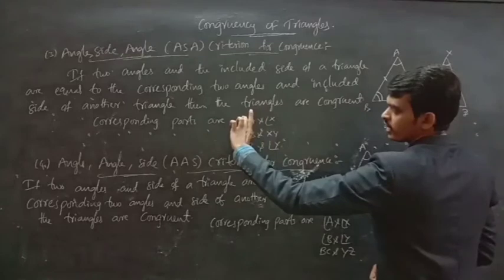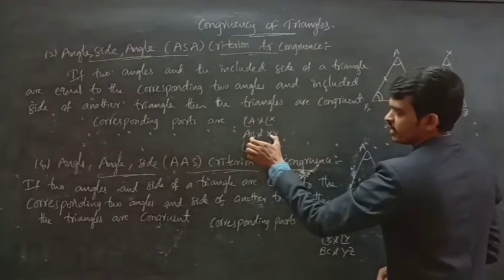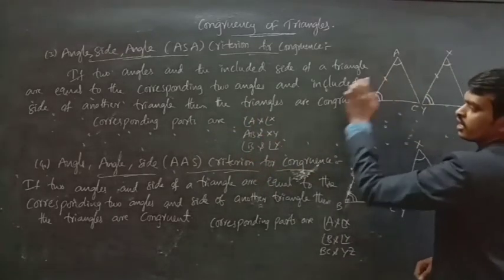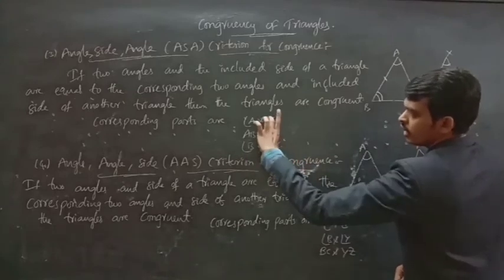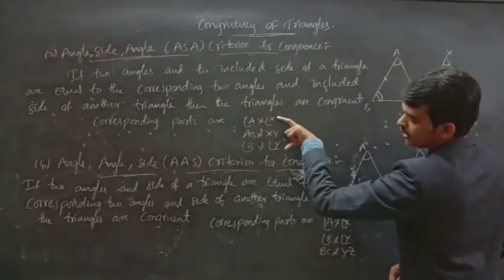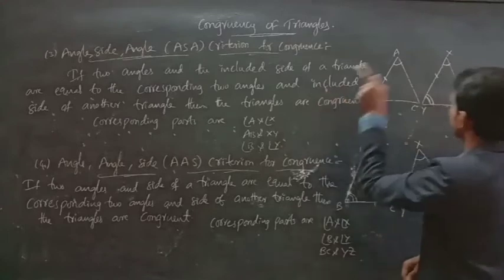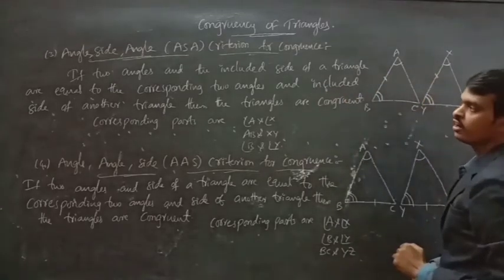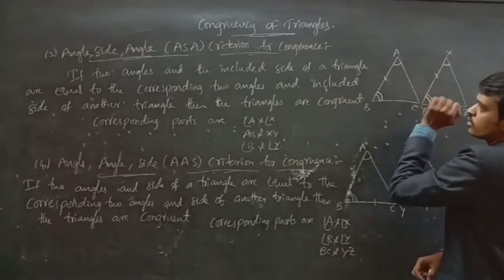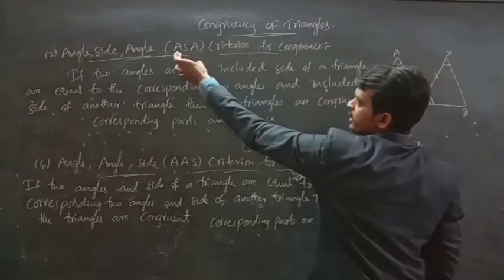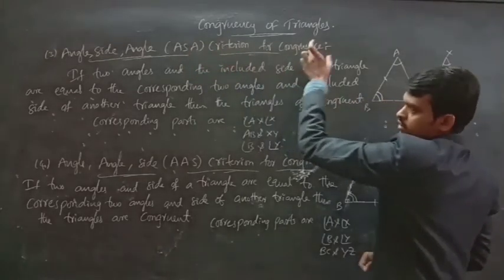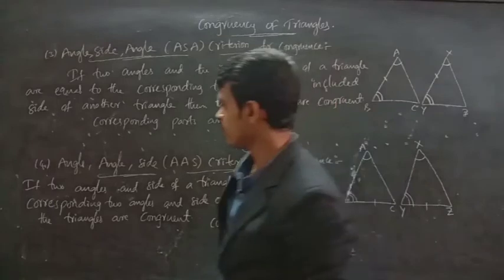The two angles and the included side of a triangle are equal to the two angles and included side of another triangle. Then the two triangles are congruent according to the angle side angle criterion for congruence.